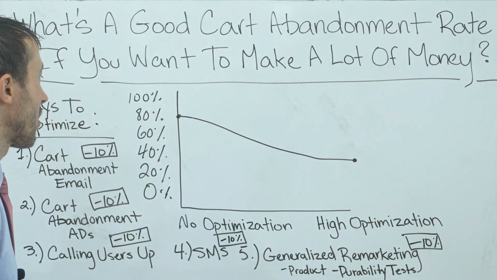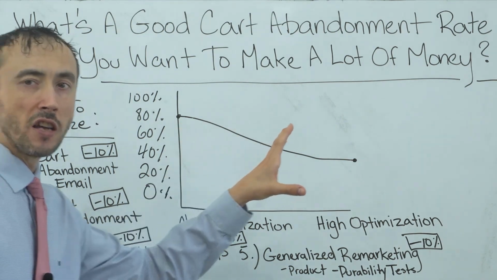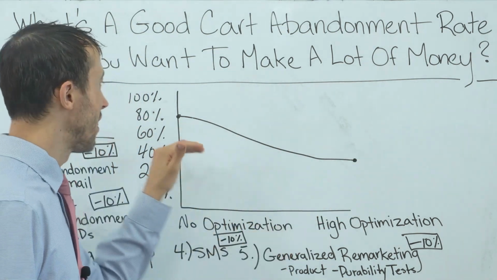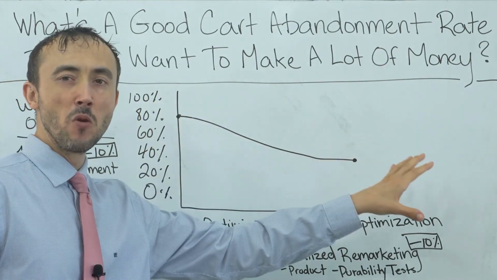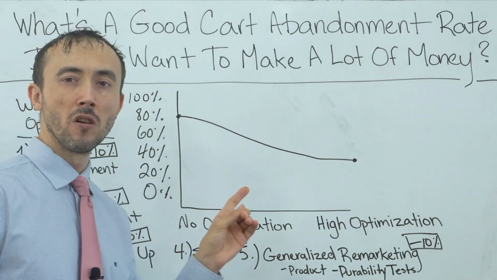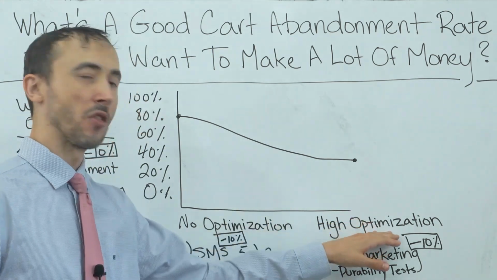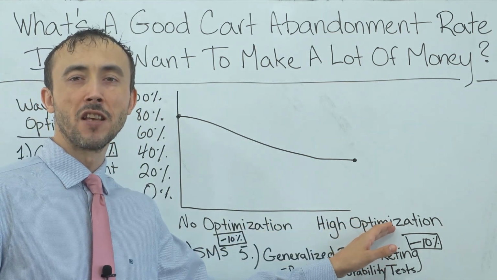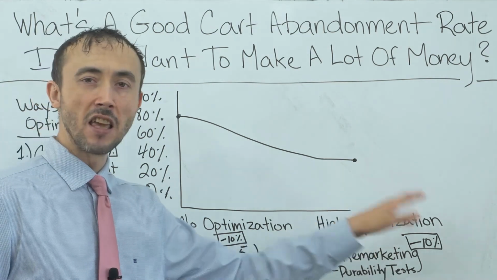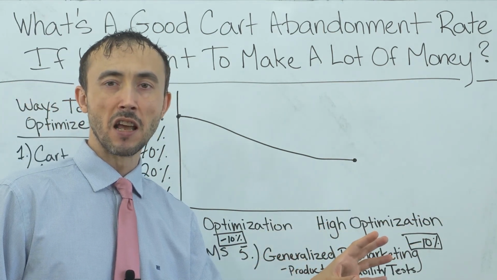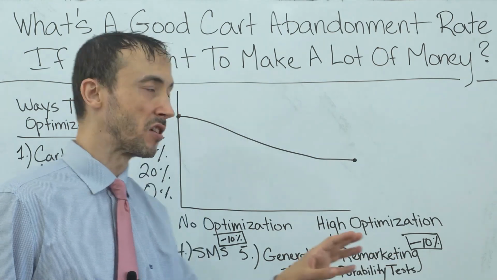So with that said, getting into the content now, I drew a chart here to demonstrate in a more simplistic way, if you will, what the typical person is going to have as far as a cart abandonment rate, and then what the super marketers are essentially going to have that they can get to when they do all the stuff they could possibly do to get somebody to reconsider their purchases.